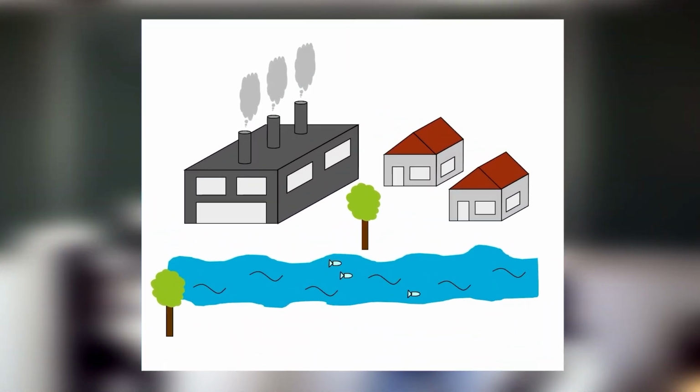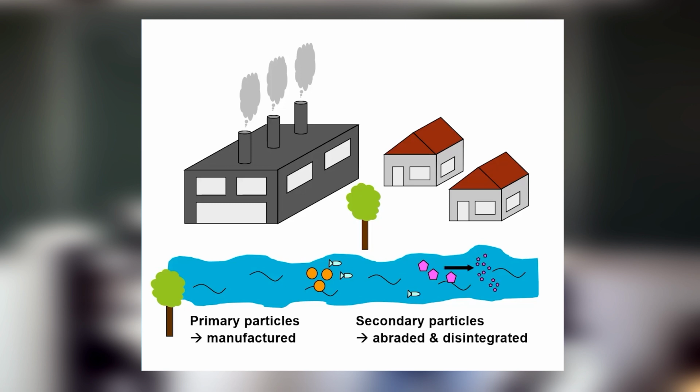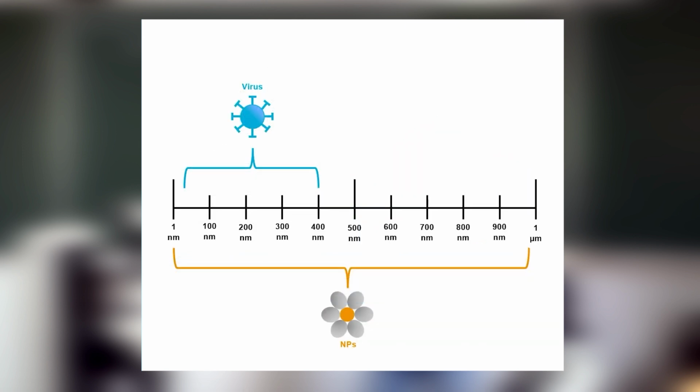Particle pollution can also arise through the abrasion and disintegration of these primary particles or other waste items, resulting in increasingly smaller so-called secondary particles, many of which are about 1,000 times smaller and so exist in the nanoscale.